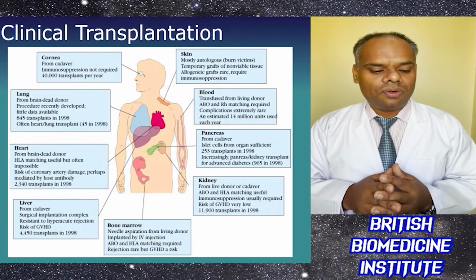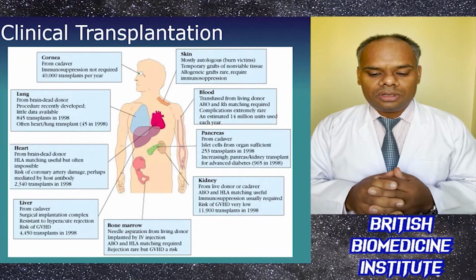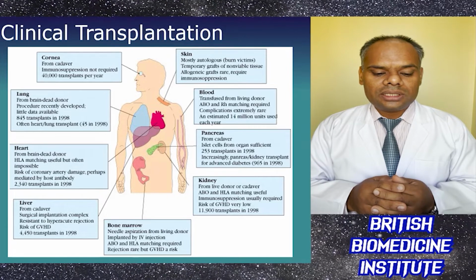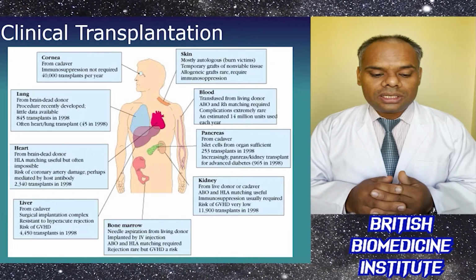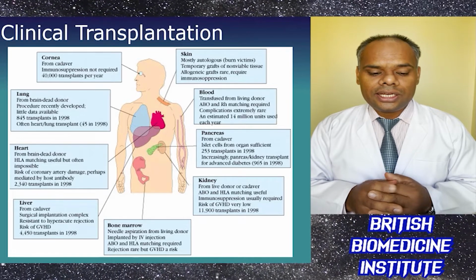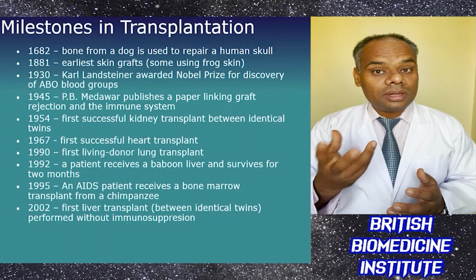In 1954, the first successful kidney transplant was between identical twins. In 1967, the first successful heart transplant was carried out. In the 1990s, the first living donor lung transplant was carried out. In 1992, a patient received a baboon liver and survived for 2 months.